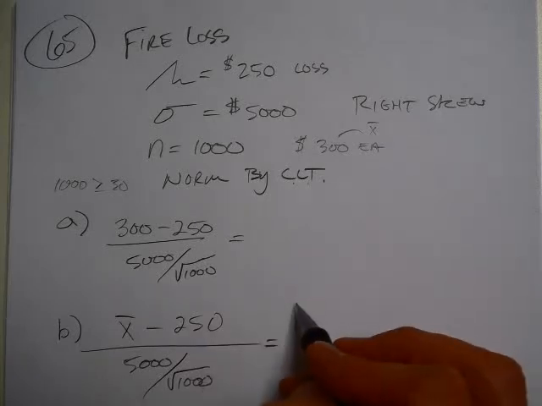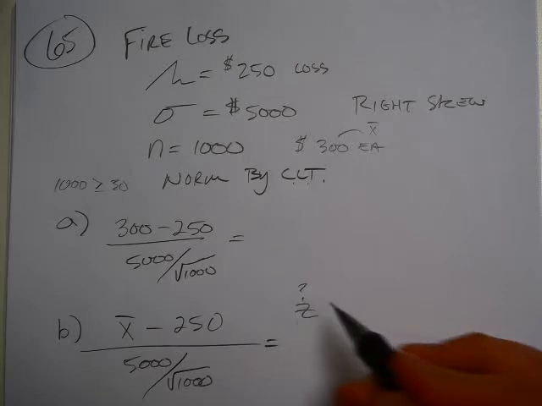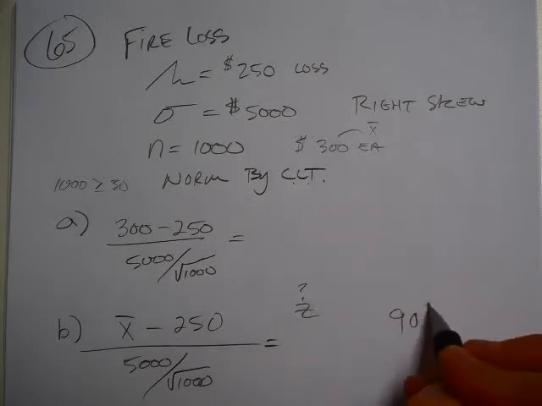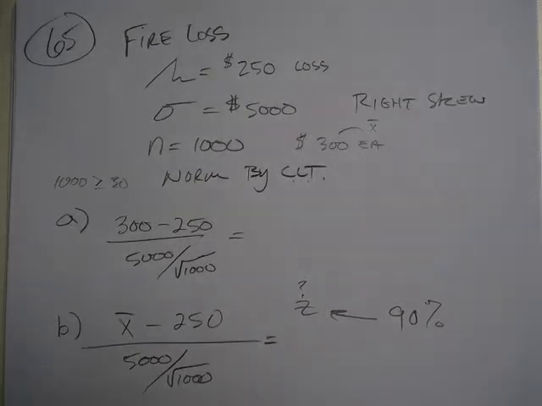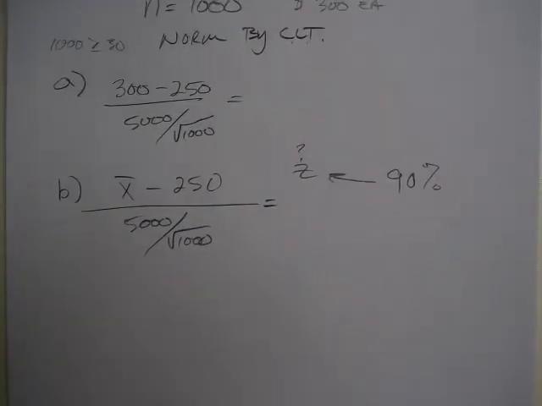But we don't know Z. We need to get Z, and the 90% that's given is how we get to Z. So we have to find 90%, or as close as we can on table A, and get that Z-score put in so that we can then solve for the X bar value.